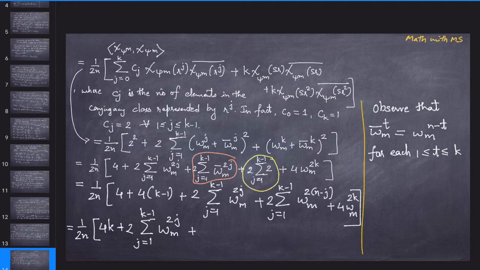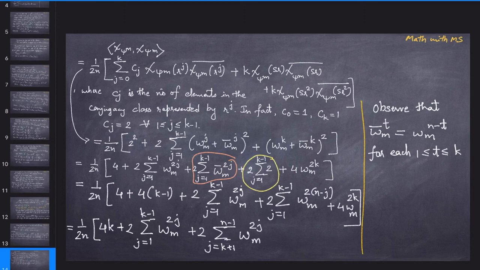The second summation we rewrite in this form, it is 2 times summation j from k plus 1 to n minus 1, and it becomes again omega m to the power 2j.